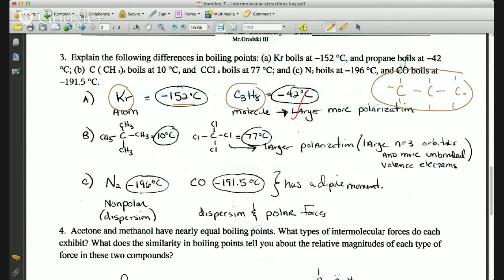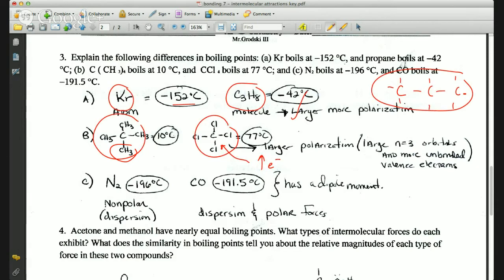Now the next question was CH4 and CCl4. This molecule here is at -160 degrees and carbon tetrachloride 77. They're both nonpolar, very symmetrical distribution of charge, no dipole moments here. Okay. But you would say that this molecule has more polarizability, even though the shape is the same, because of the higher number of electrons that chlorine has compared to the hydrogen end.